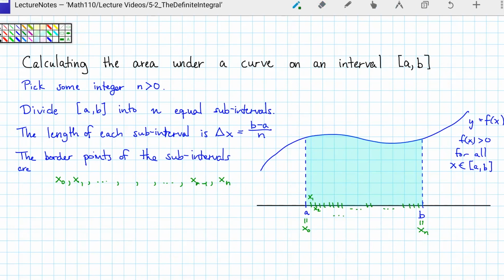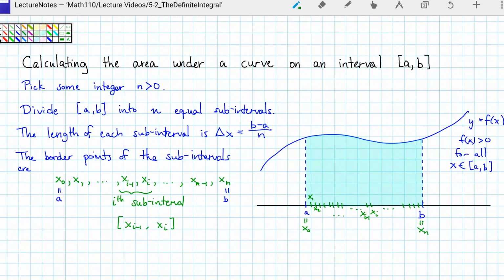And it's worth pointing out that x0 is a and xn is b. And in the middle, the generic subinterval is going to go from xi minus 1 to xi. Okay, this here is going to be the ith subinterval. Okay, if you haven't figured this out already, this is a very notation-intensive section.